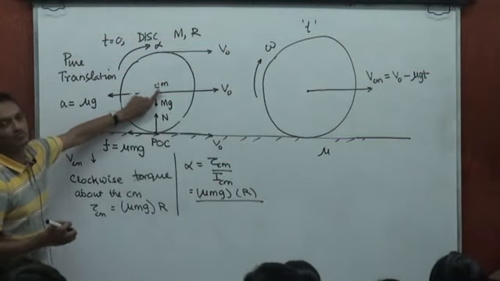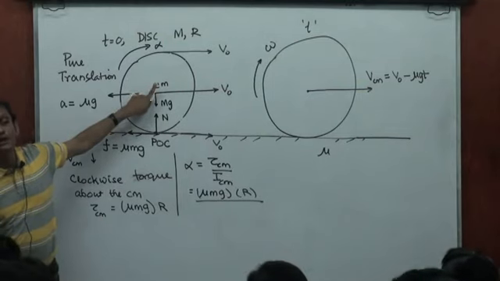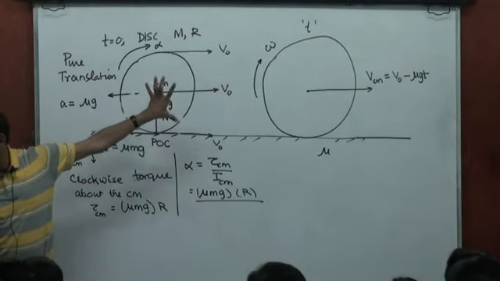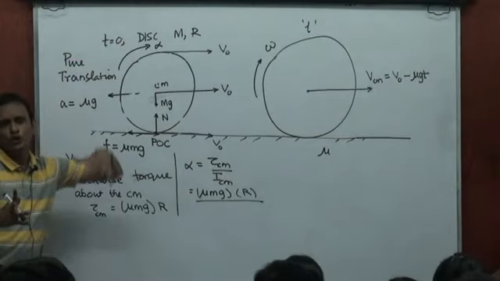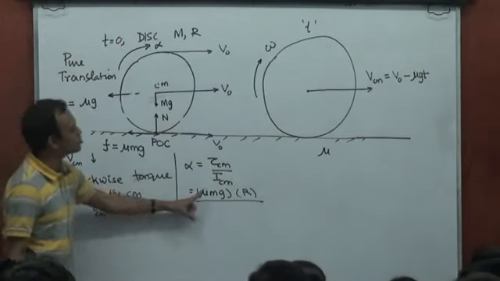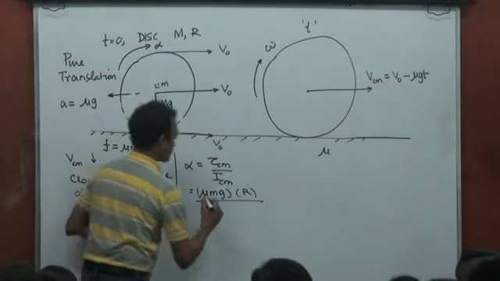I about the center of mass is half mr squared for a disk. If it was a sphere, it would have been 2/5 mr squared. If it was a ring, it would have been mr squared. But now that we have selected a disk, only for the sake of definiteness, it's going to be half mr squared.